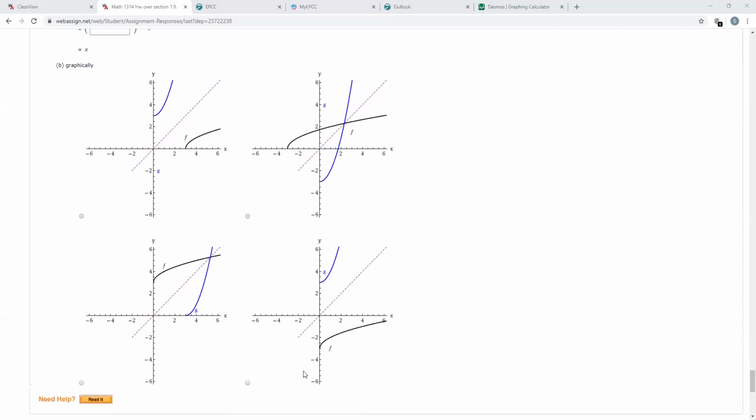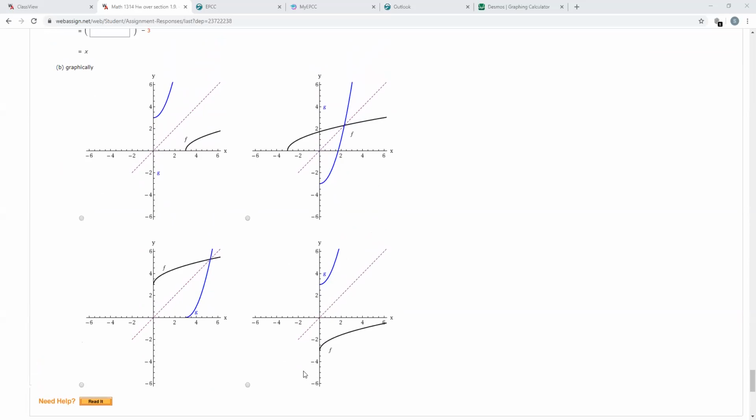So one of these four answers is correct. Notice they tell you on each one we can choose from as being the correct answer. They say this one is G, this one is F, and so forth. So all of these graphs, well, this one doesn't look symmetrical about the line y equals x, but then sometimes the scaling can mislead us.